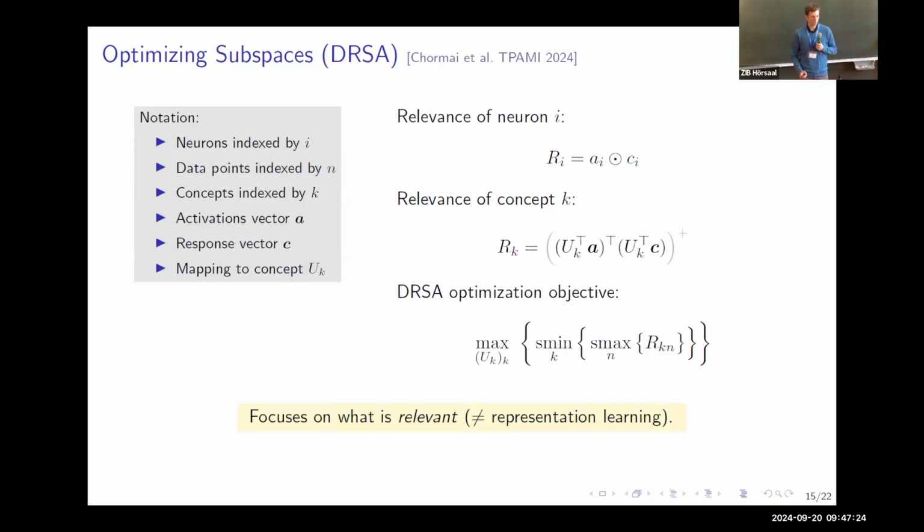Okay, and so this is fundamentally, or in a very specific way, different from representation learning, because we don't focus on what is expressed in the data, but what is relevant in the data. So just to give a bit more detail on that, if you would replace C by A in this equation, then you would fall back to something very similar to ICA, independent component analysis.